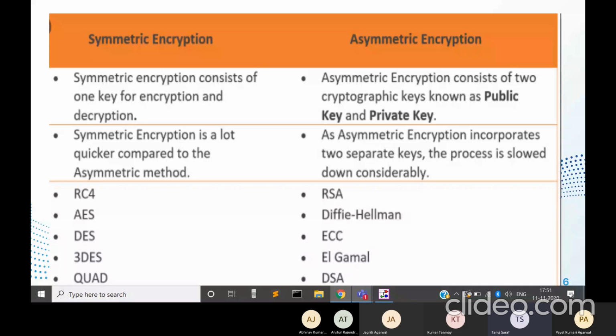For symmetric encryption, we have RC4, which is known as Rivest Cipher 4. Now, this is a stream cipher. It generates a pseudo-random stream of bits known as a key stream. As with any stream cipher, these can be used for encryption by combining it with plain text using bitwise exclusive OR. Decryption is performed in a similar manner.